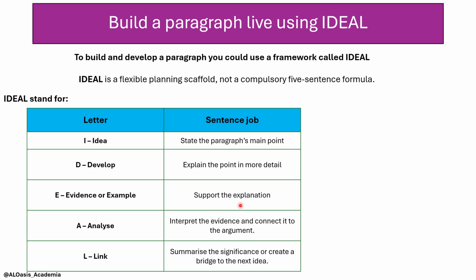Now whatever evidence you gave, you need to interpret it and say, for example, this study was on 2,000 students from different departments, so it was not biased toward just one type of student. They were from different years, something like that. And then after interpreting the evidence, you need to link it back to the argument. So at the end, you would say, and this is supporting your argument, or your claim, that recorded lectures do help the students. Okay.